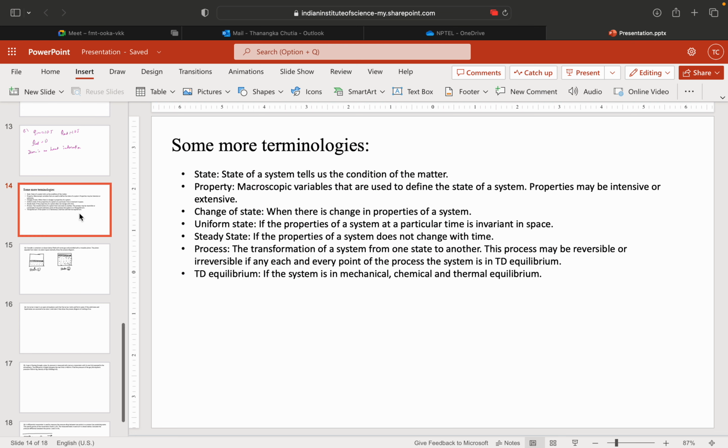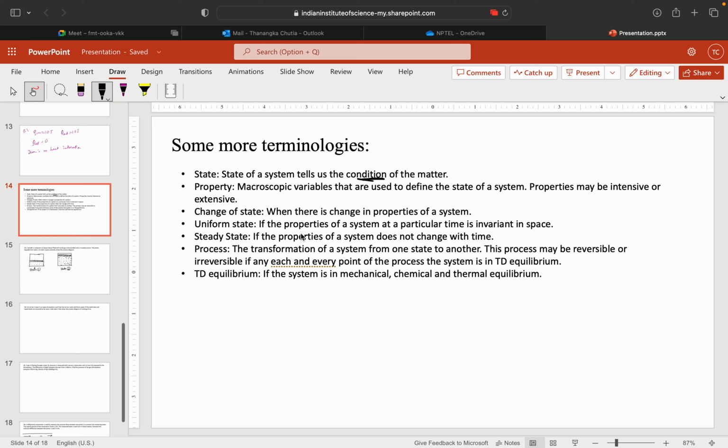Now in order to move ahead, we should know some other terminologies. Now, what is a state? State is something that tells us the condition of the matter. Suppose it is at state 1. So what do you mean by state 1? It tells us the condition of the matter.